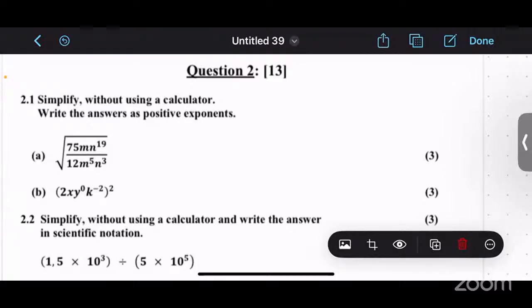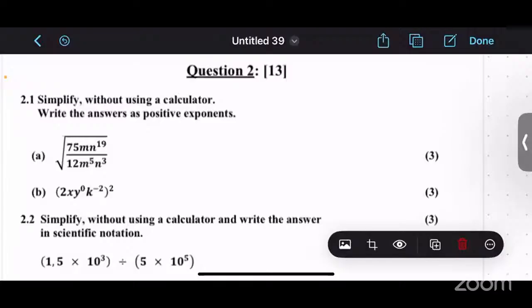Yes, ma'am. I started off by saying 75 divided by 12, which gave me 3. Then M to the power of 5 minus M to the power of 1, which gives me M4, and N19 minus N3, which gave me N16.